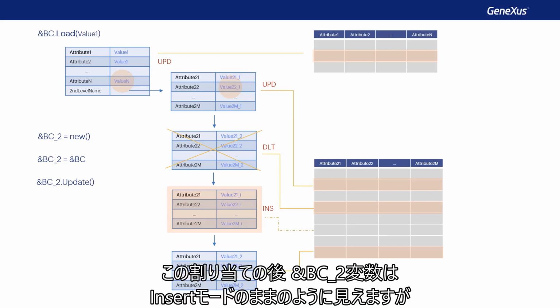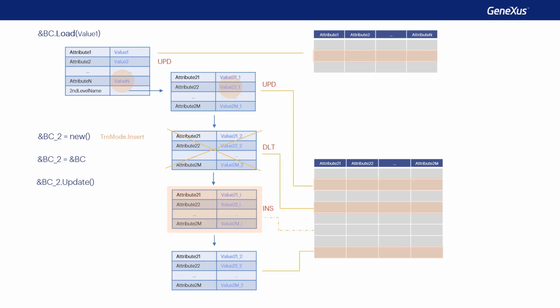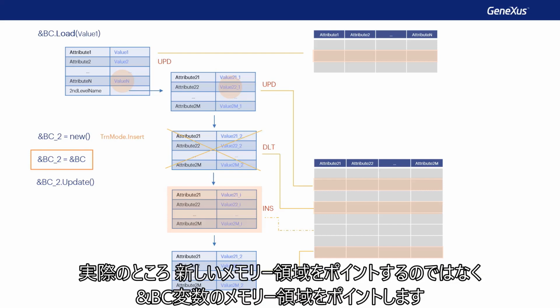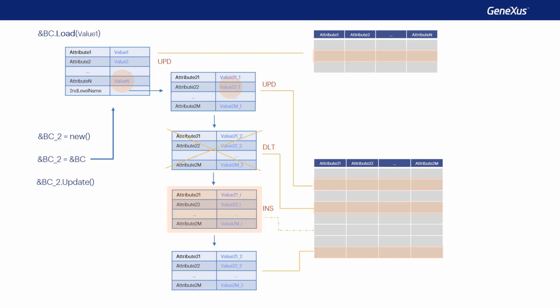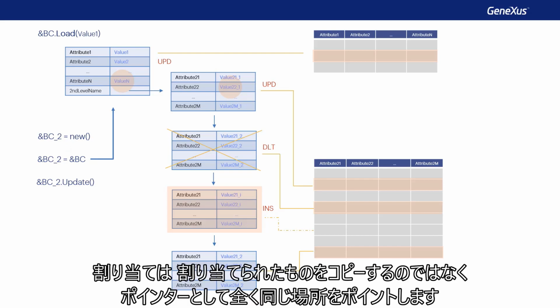Although the BC2 variable was left in insert mode after this assignment, this other one will do away with that. And in fact, it'll no longer point to the new memory space, but will point to that of the BC variable. The assignment does not make a copy of what has been assigned, but points to exactly the same place as a pointer.